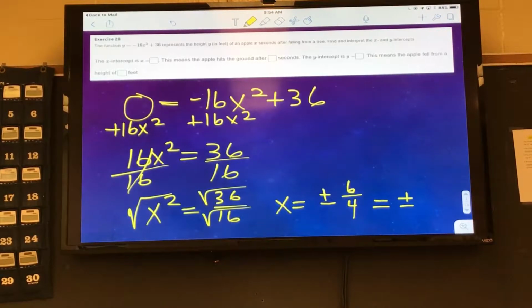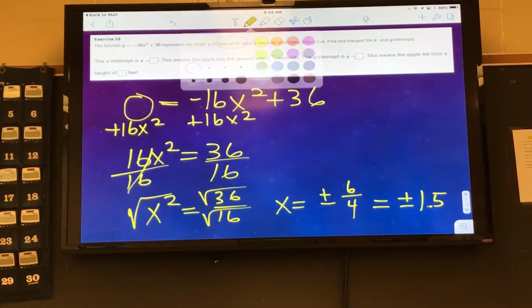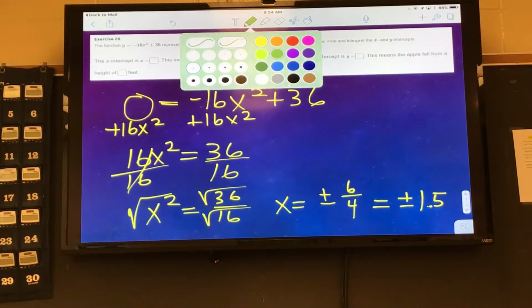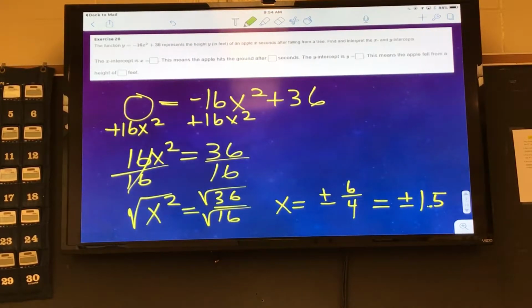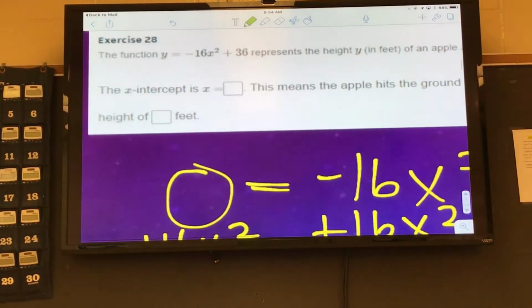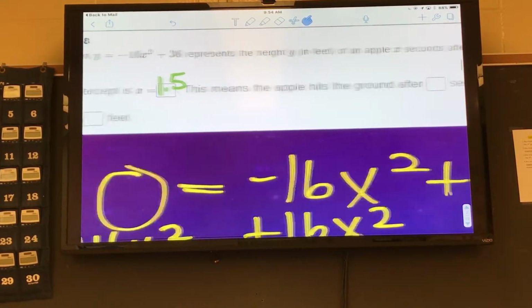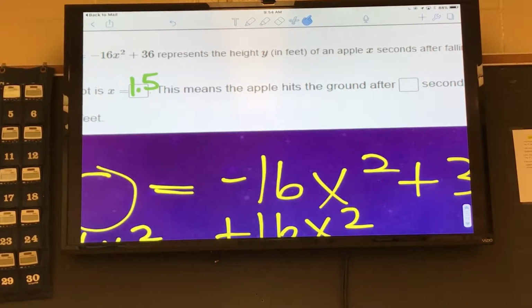However, does it make sense to have a negative 1.5 in this particular situation? And the answer is no, because we're talking about seconds. And so right here, when it says the x-intercept is, the x is 1.5, this means that the apple hits the ground after 1.5 seconds.